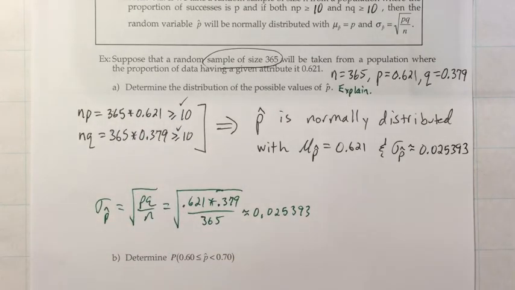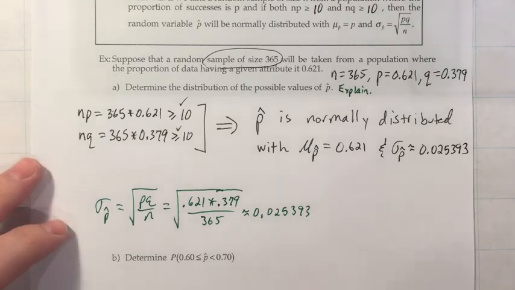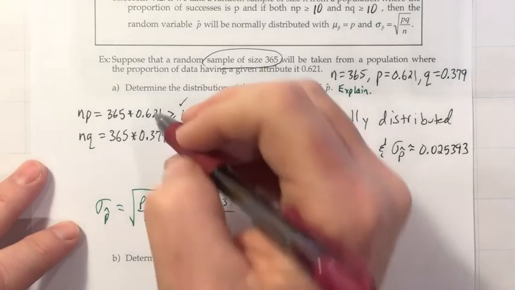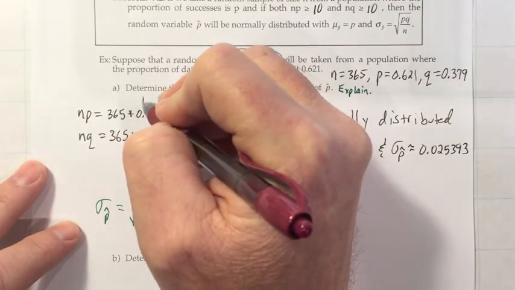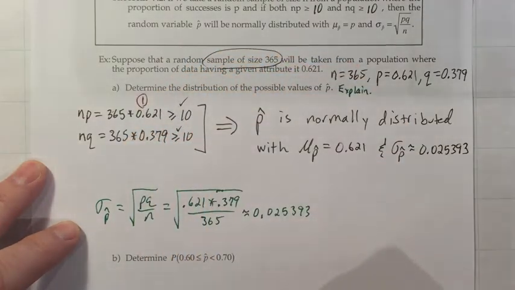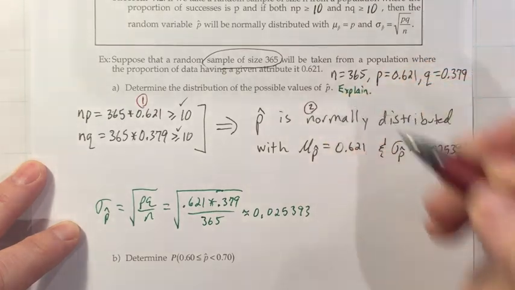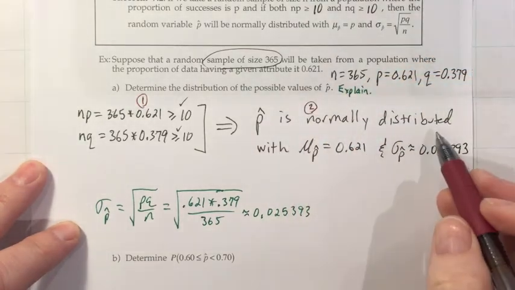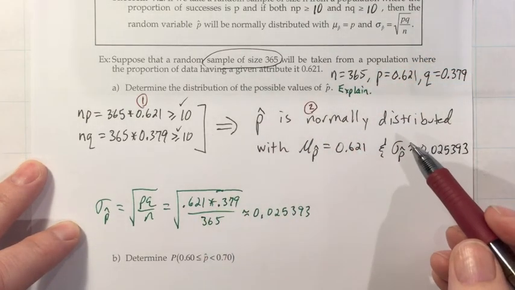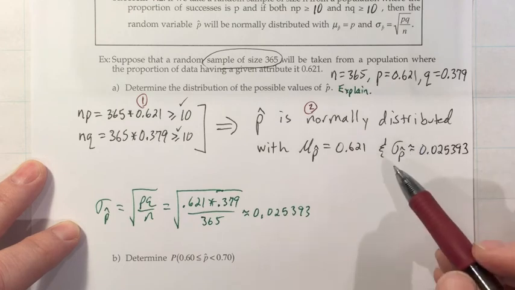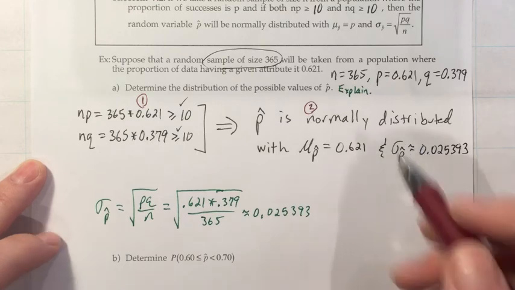So I'm going to argue that there's just one answer to that question, but it comes at us in 4 parts. First, we have to look at np and nq to see if they're both over 10. And if they are, then we know that p hat is normally distributed, which is the main answer to the question, what kind of distribution does it have? But then we want to narrow it down to just a single unique distribution.